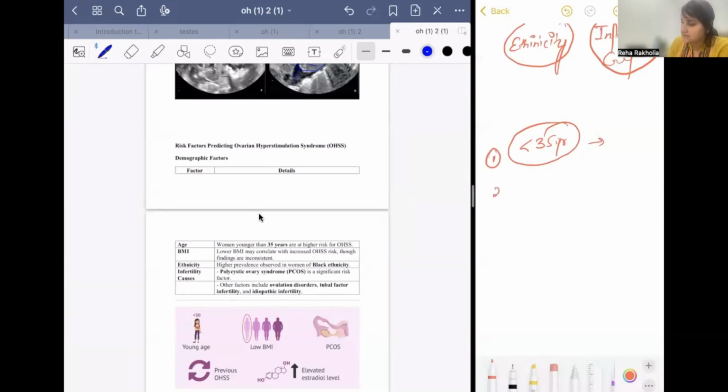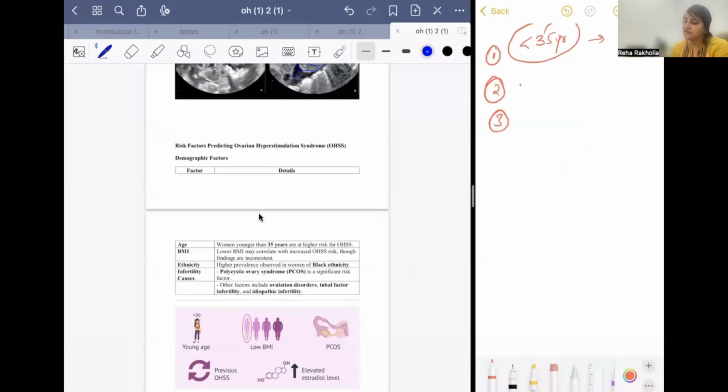Second is BMI. Lower BMI may increase the risk of OHSS, but research findings on this are not entirely consistent. Third is ethnicity. Studies have shown that there is a high prevalence of OHSS in women of Black ethnicity. Fourth is infertility cause.